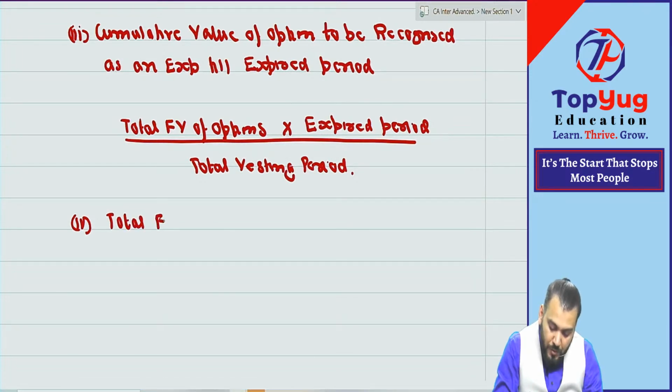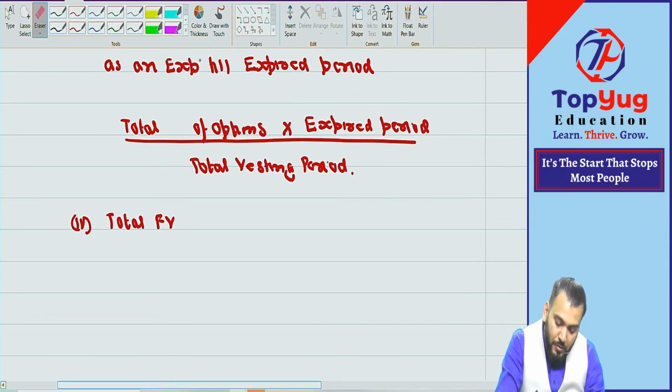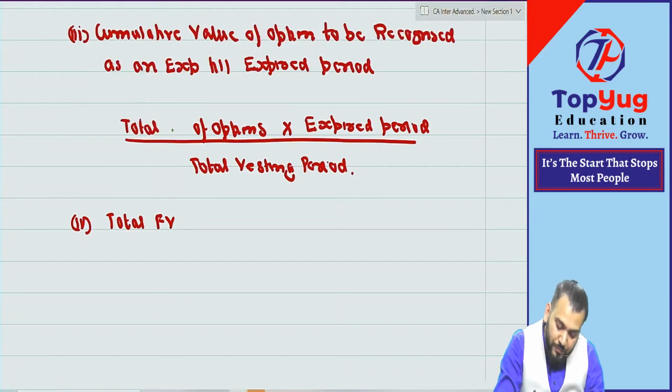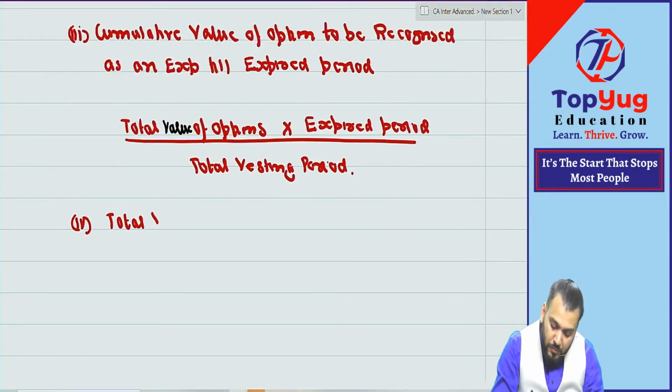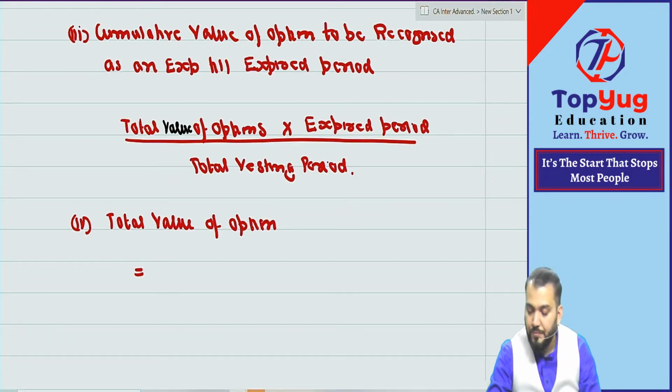Sorry, don't write down FB, my mistake. Total value of option, write down. Total value of option is equal to what?